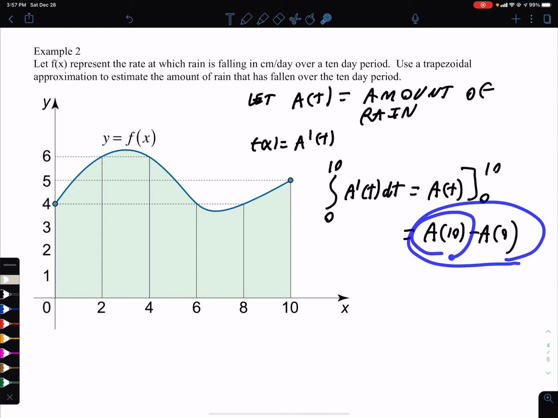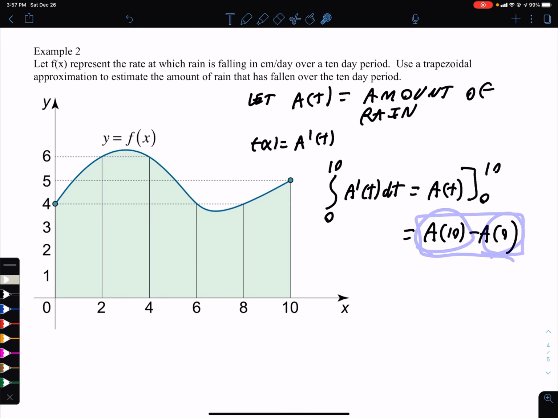This is the ending amount minus the beginning amount. If you take the end amount, subtract how much you began with, it gives you the change in the amount of rain. So now, looking at this in the big picture, this is the change in the amount of rain from day 0 to day 10, and that would give you the amount of rain that's fallen.